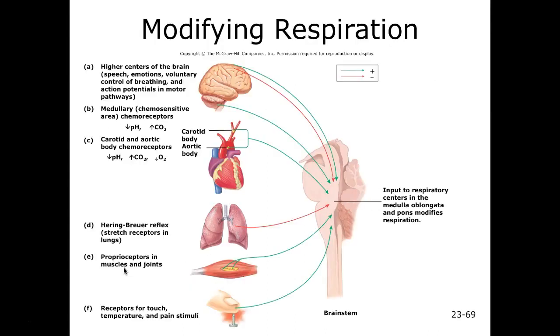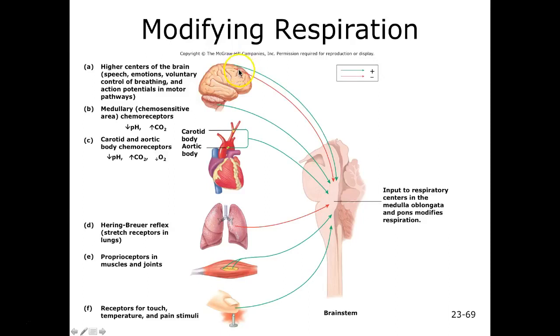This is a nice summary figure. If you look at A, where we have our brain pictured, let me mention this before we continue. Any of the green lines you're seeing here represent an increase in ventilation, and anything with the red arrow means there's a decrease in ventilation.